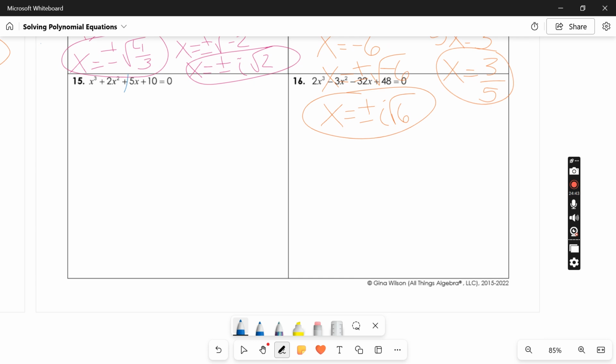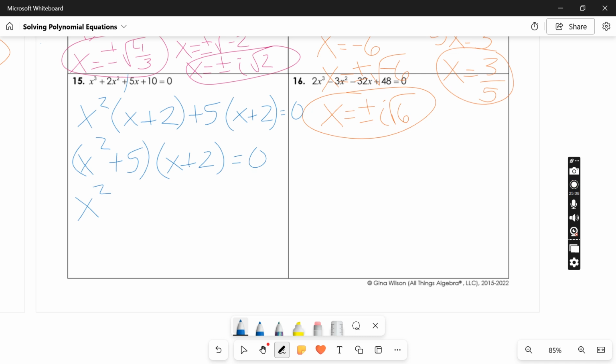Okay, I'm going to cut this one in half. This one has an x squared in common, so this would be x plus 2. This one has a 5 in common, and then it would also be x plus 2. So this would give me x squared plus 5 and then that x plus 2.